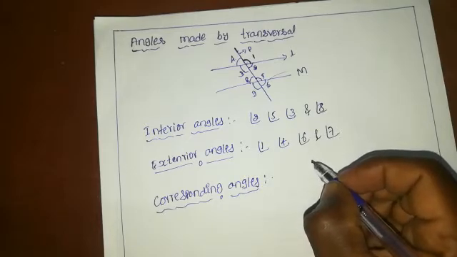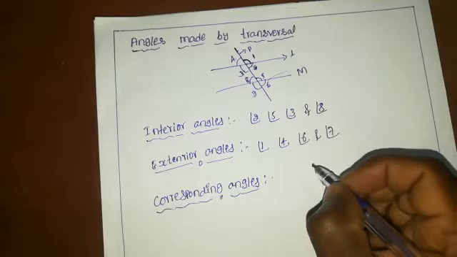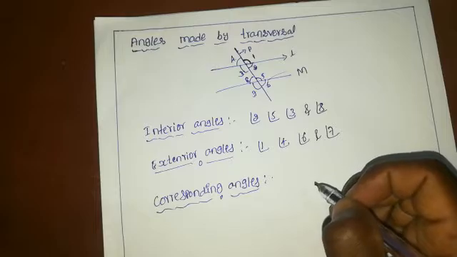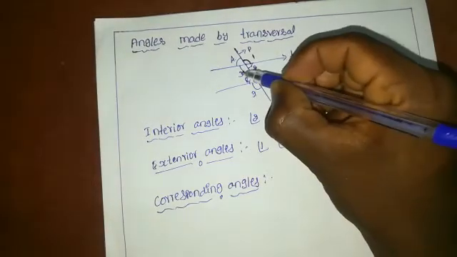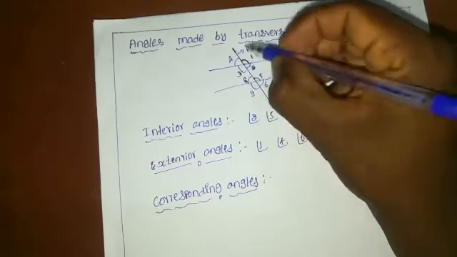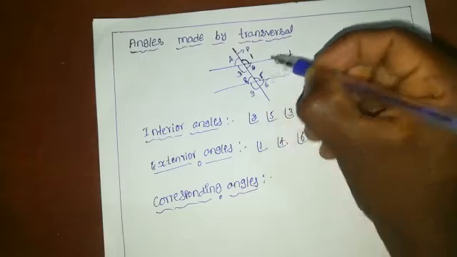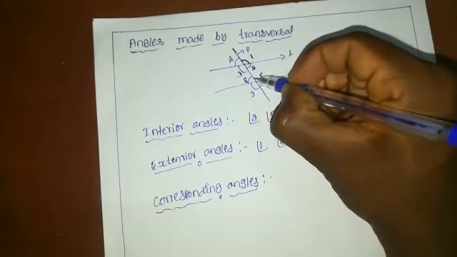If two angles have different vertices and they are on the same side of the transversal, they are corresponding angles. They are present on the same side of the transversal but have different vertices. Here, let's observe angle 1 and angle 5.